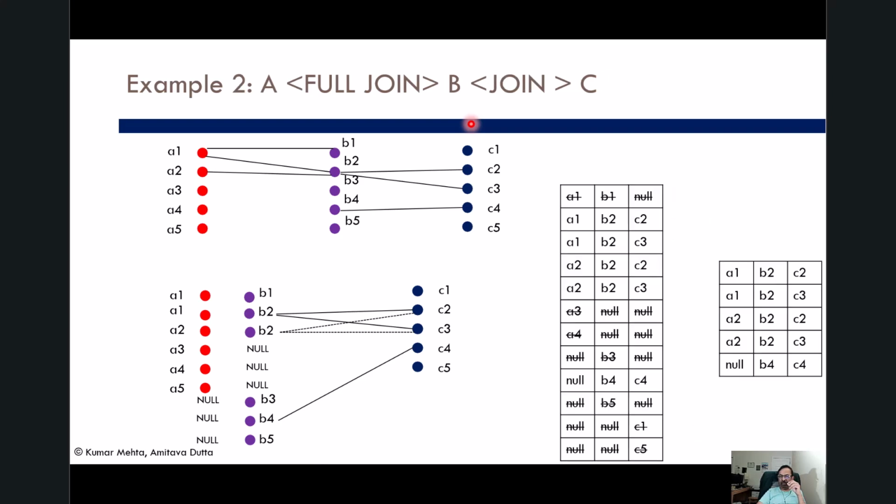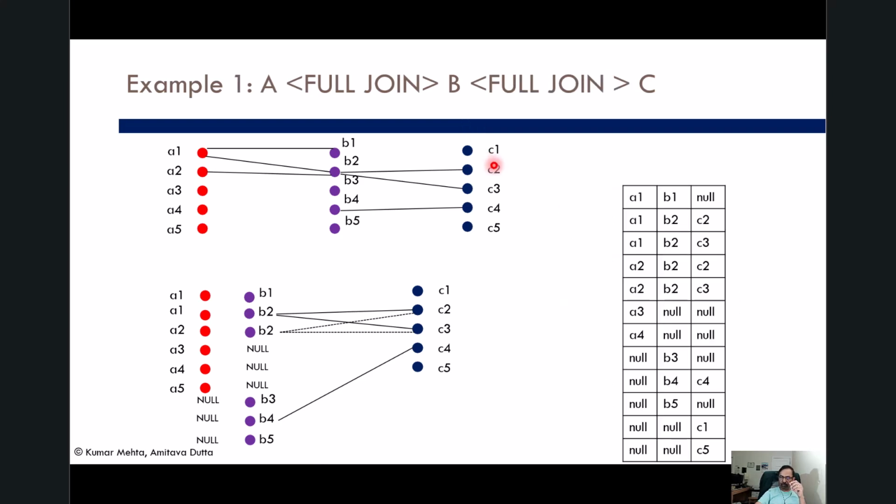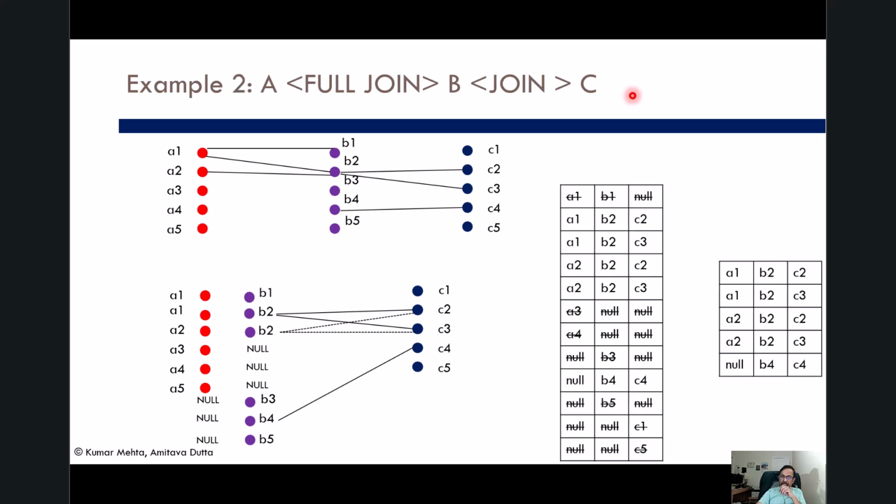Okay. Here's a variant of what we just did. In the previous example, we had A full join B, full join C. Now we again have the three tables, A, B, and C, but the joins are different. We're doing A full join B, but this time join with C. All right, how would the result be different?